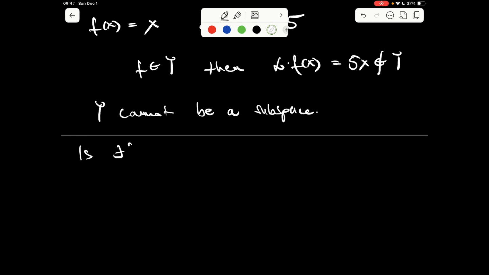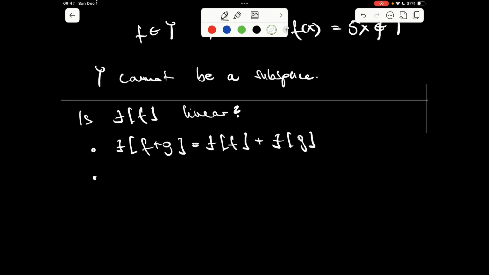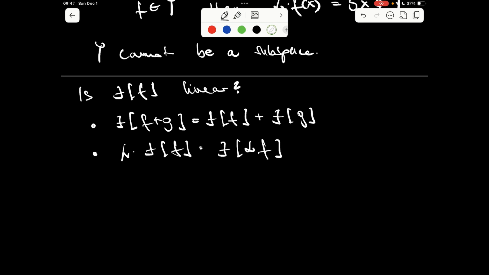Is J(f), the functional, linear? To be linear, it must have two properties, just like previously. So let's turn to them one by one.